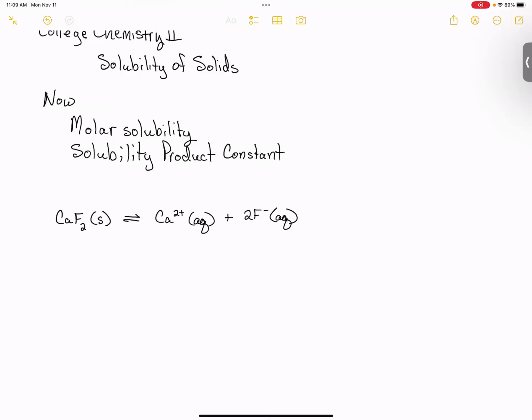Now, just like we can look up an equilibrium constant for acetic acid, we can look up the equilibrium constant for calcium fluoride. We would look up the solubility product constant. And when we look up the solubility product constant for calcium fluoride, what we find is that the KSP at room temperature essentially, is 1.46 times 10 to the minus 10.